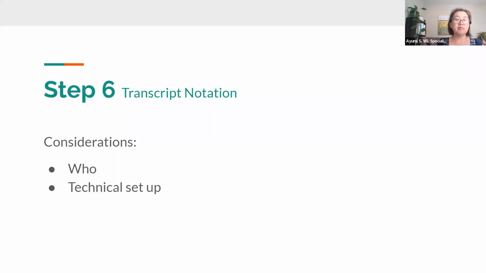So that's a really big system. And I had to work with IT so that we could put some type of notation on a student's transcript. That itself can be a lengthy process because you have to work with an IT person in a school or school district, and then they have to work with a vendor.